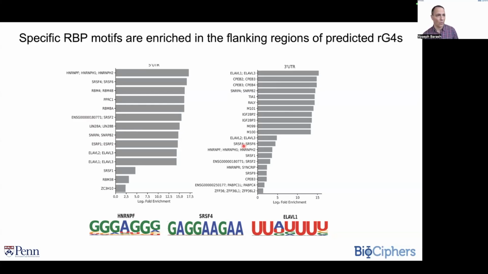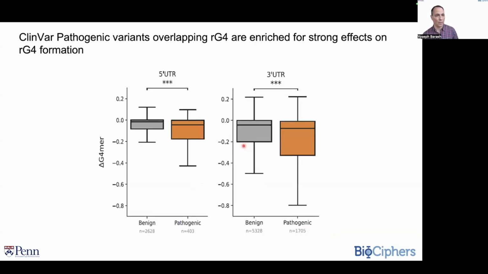And so here is what we got for enrichments in ClinVar for 5' and 3' UTR for disrupting G-quads, and we see a very strong statistical significance for enrichments of those for G-quad breaking variants. Now, of course, the p-value is like 10 to the minus 10 or whatever.